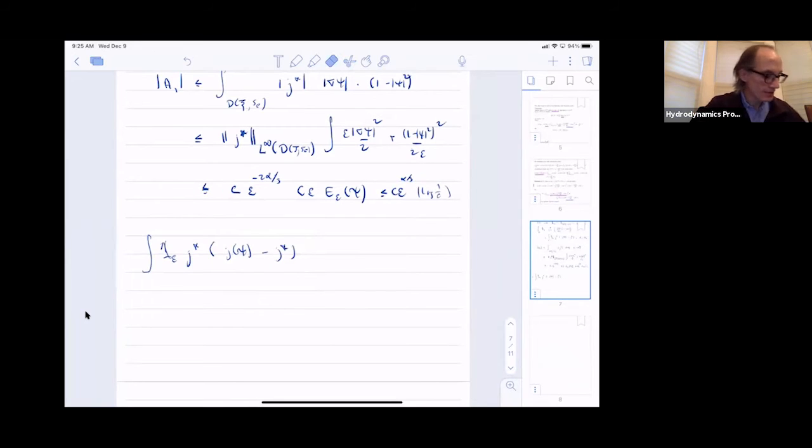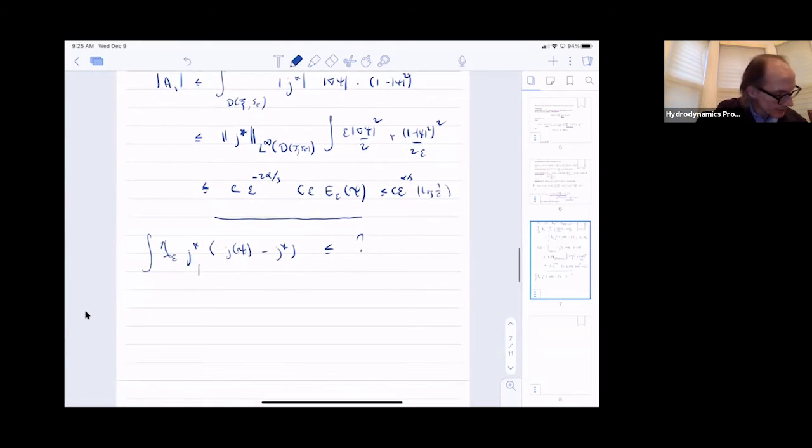Okay, good. And so how do I bound this? The idea is this. What I'll do is I want to write this as a curl of something. And if I can do that, then I can integrate by parts.